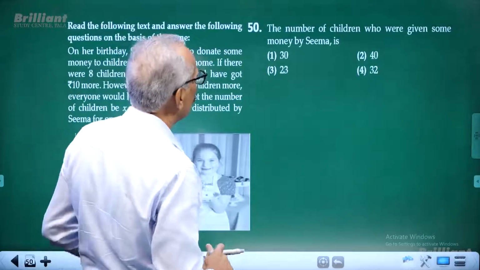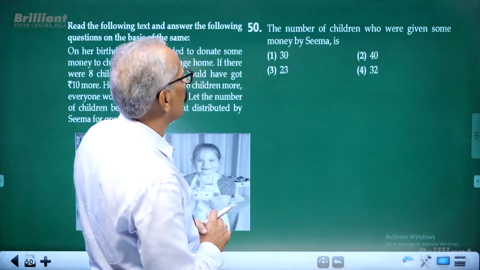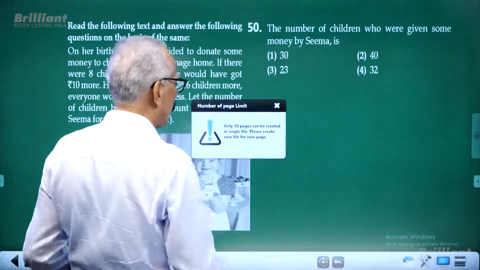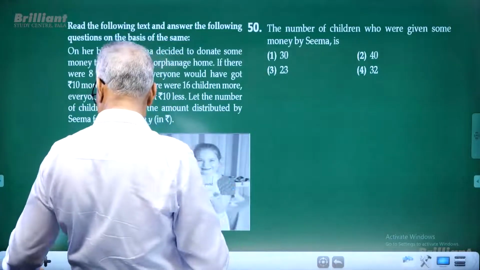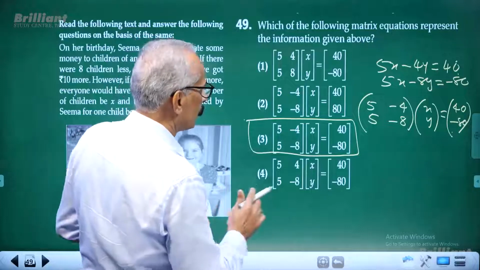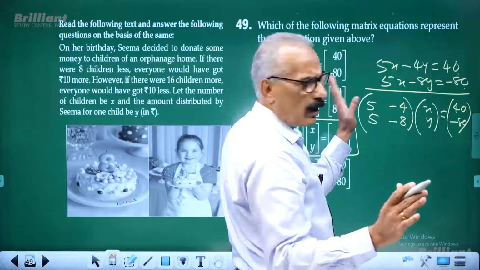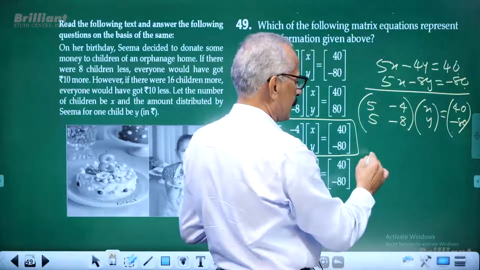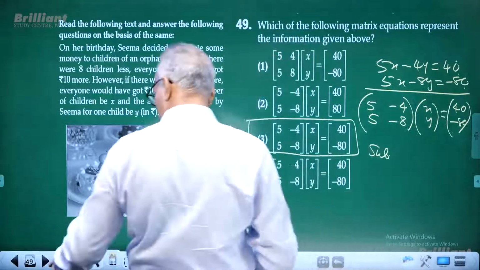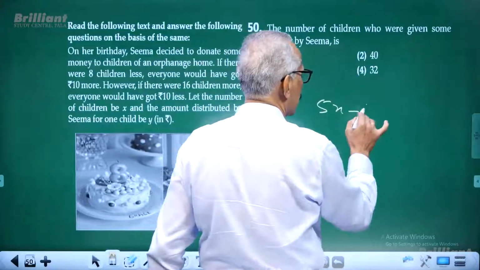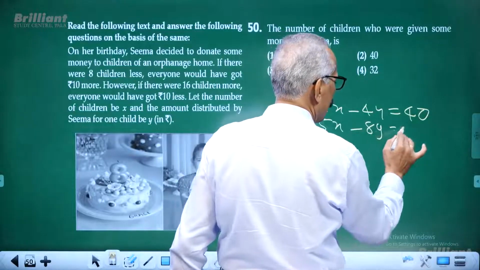Now, 50. It asks for the number of children who were given money. X is equal to what? We will solve. It is easy to solve either by using the matrix method, but I solve in this way. 5x and 5x are there. Just subtract. 5x minus 4y equal to 40, and 5x minus 8y equal to minus 80.